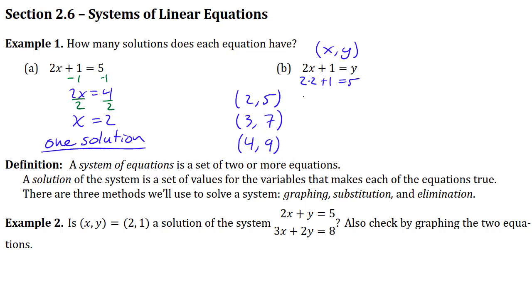If you want to plug in something else, like x equals 11.73, or whatever number you want, then the value of y that will make both sides equal is just going to be whatever 2 times 11.73 plus 1 comes out to be. So those are all solutions. So there's an infinite number of values of x you could plug in, and you'll get a corresponding y for each of those. So this has an infinite number of solutions.